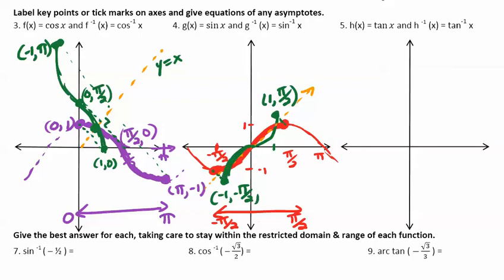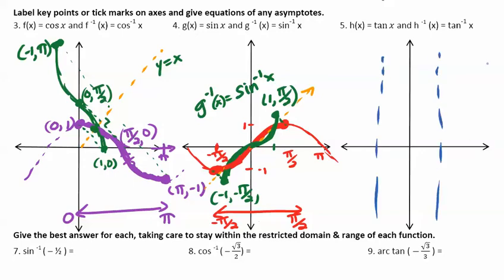So this green curve is our inverse sine. So here's our graph, and I guess instead of y equals here, I called it g inverse of x is inverse sine of x.